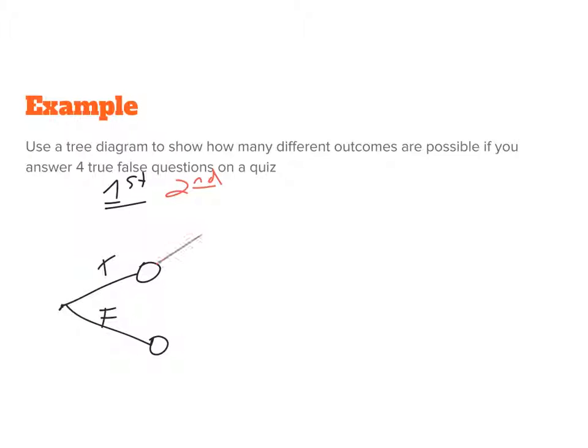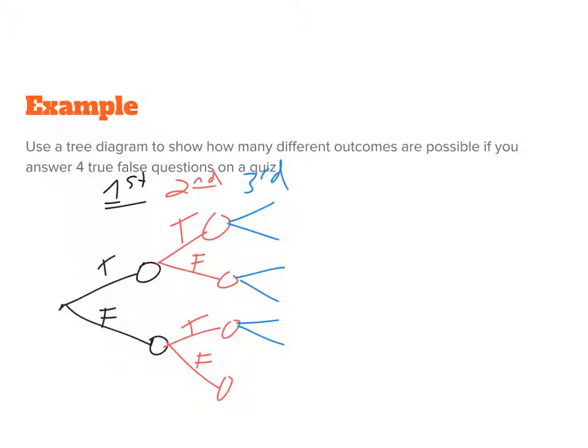Second question, each one has 2 different choices: true and false. For the third question, again, 2 different choices: true and false.